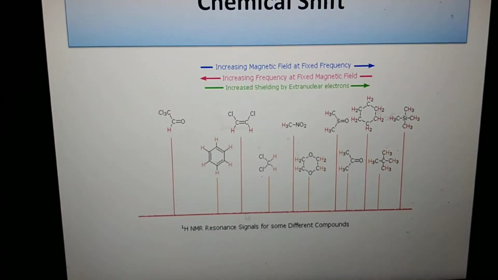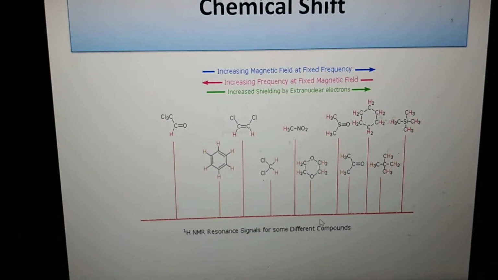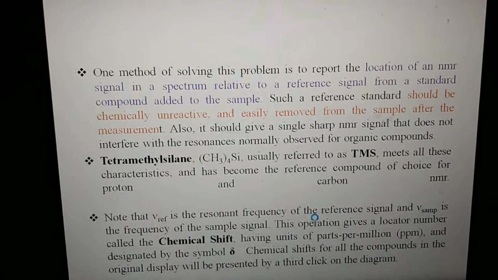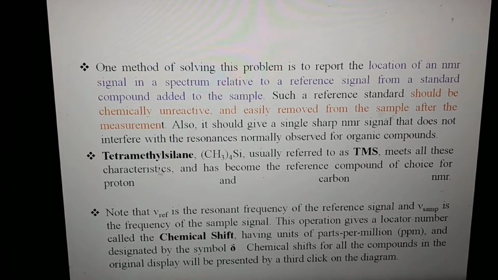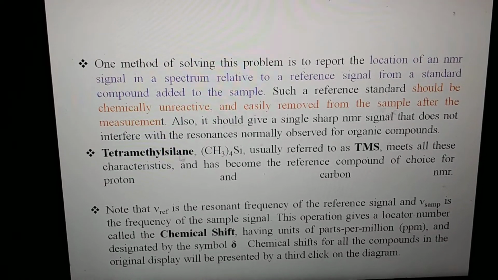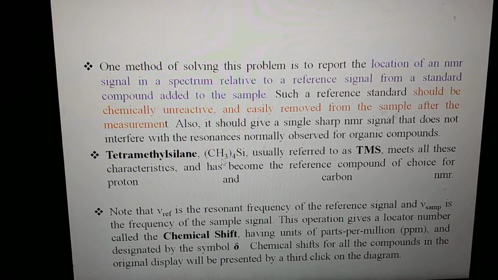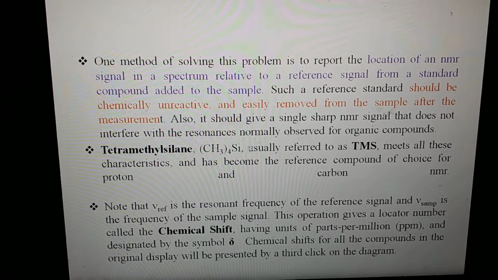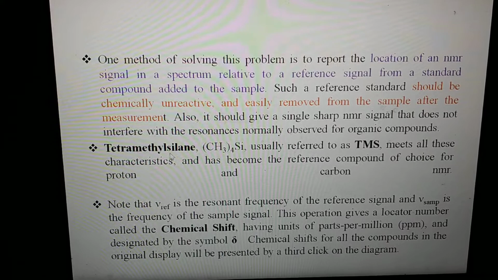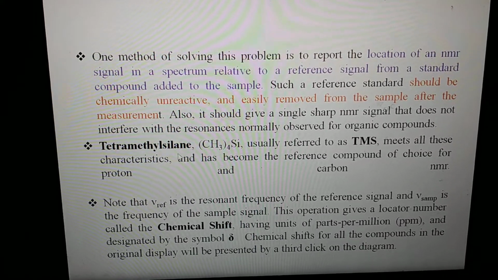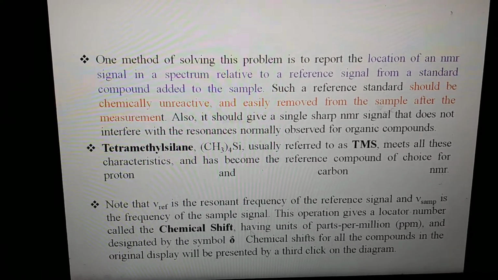The difference will give your delta value in megahertz. Tetramethylsilane, I think all of you are aware of it. Tetramethylsilane, TMS, is mostly used and meets all the characteristics required for a reference compound, and it is represented by delta.